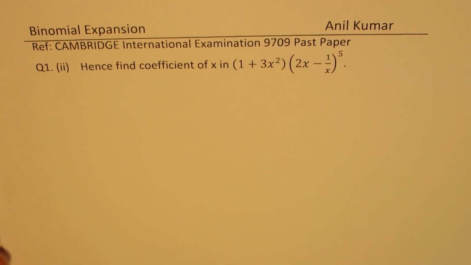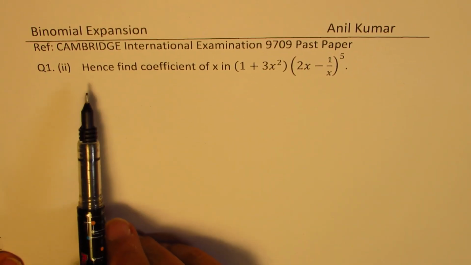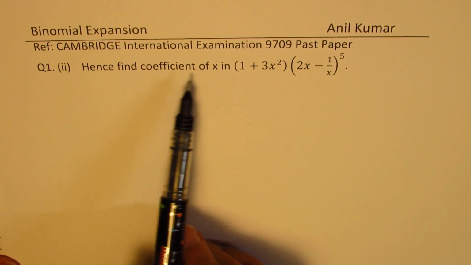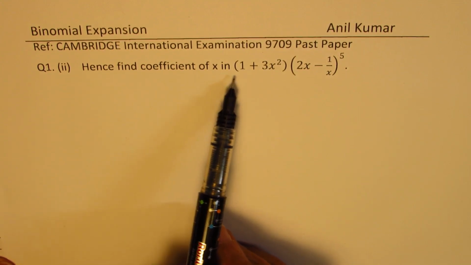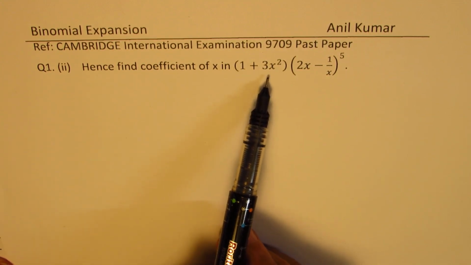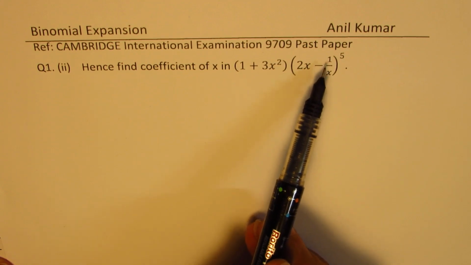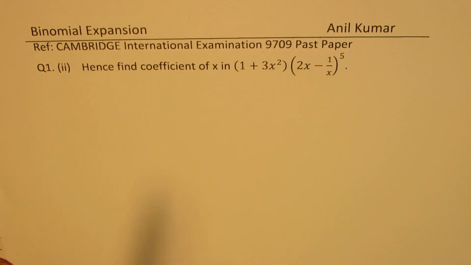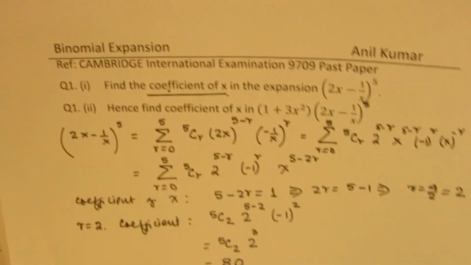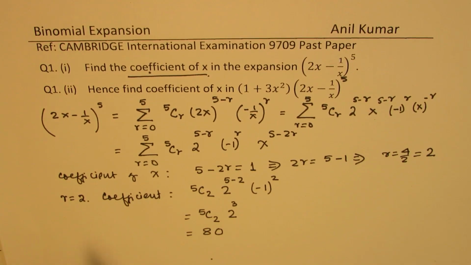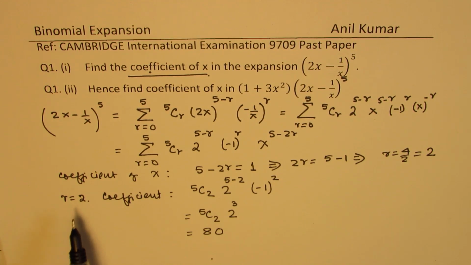So in part 2, the question is, hence find the coefficient of x in (1 + 3x^2)(2x - 1/x)^5. Well, let's see. In part 1, we found that r equals 2 gives us the coefficient for x, right, which is 80.